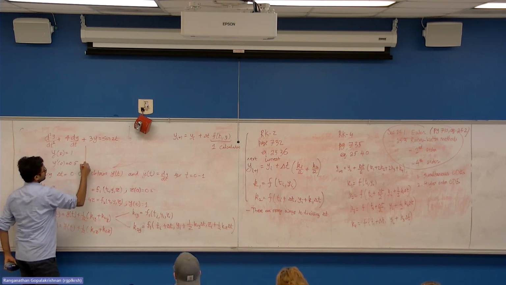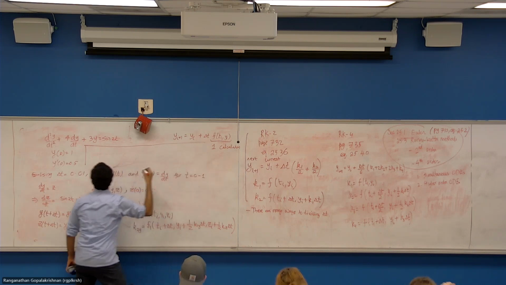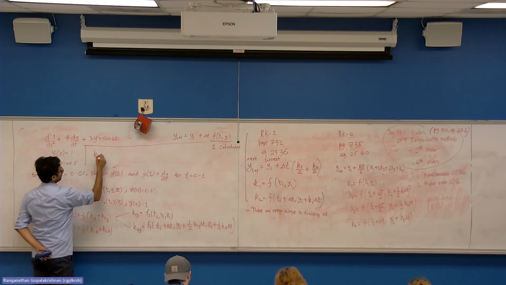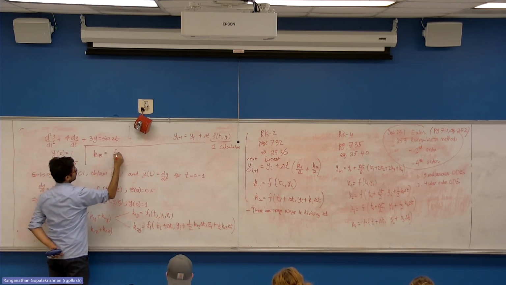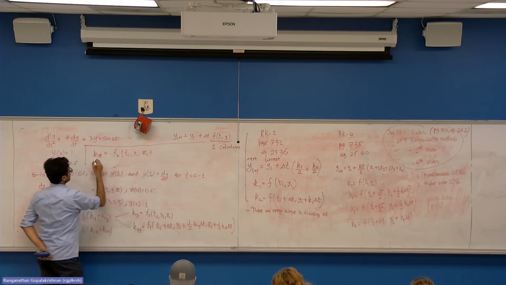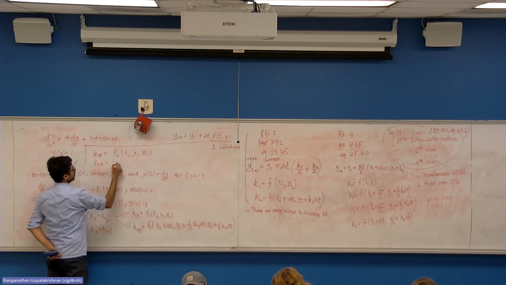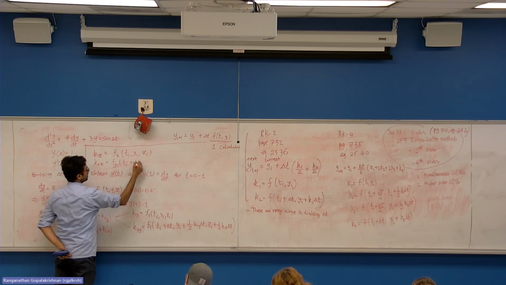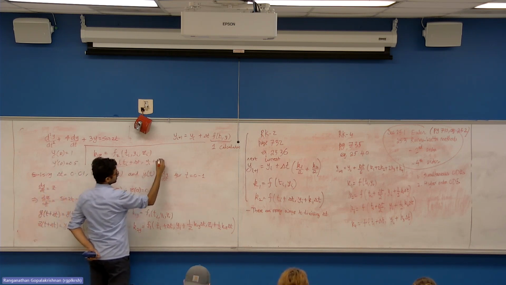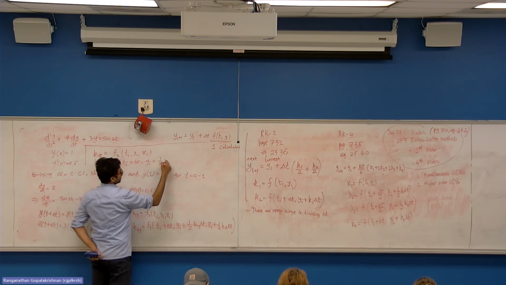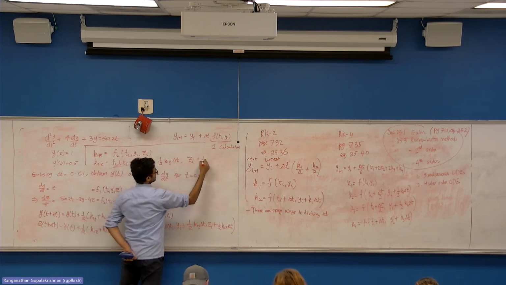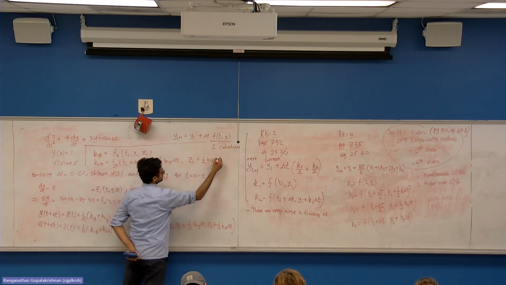K1z is F2 evaluated at t i, y i, and z i. K2z is F2 evaluated at t i plus delta t, y i plus half K1y times delta t, and z i plus half K1z times delta t.